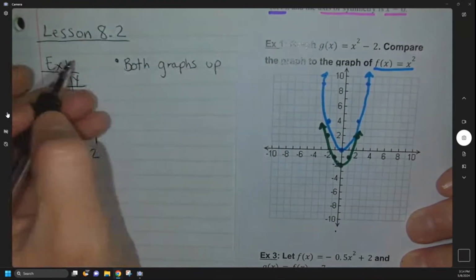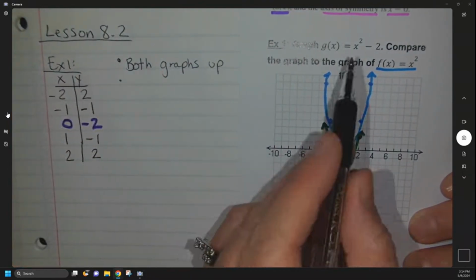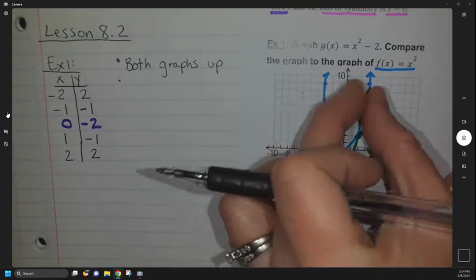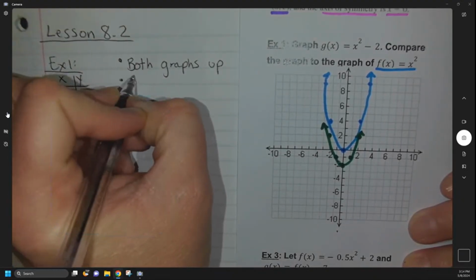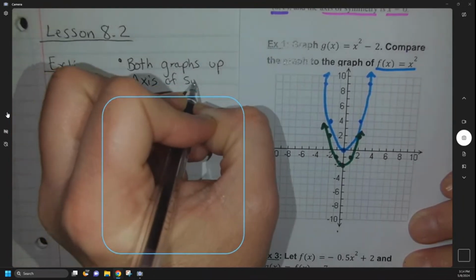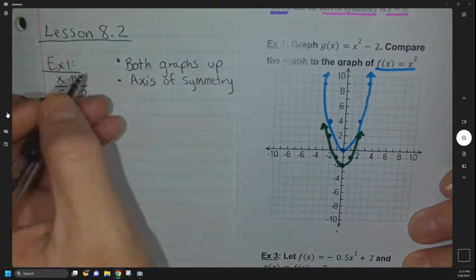So they're pointing up. I notice that they both have the same axis of symmetry. I can still fold them in half on top of one another. So axis of symmetry, same.